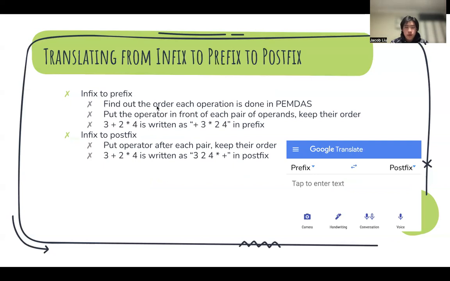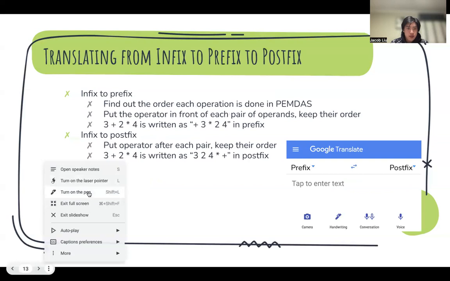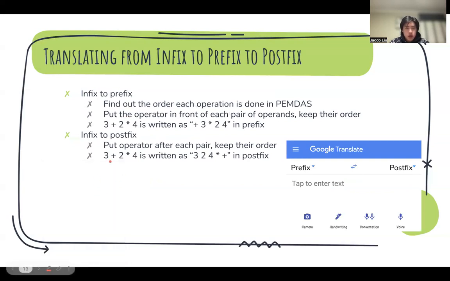So what you do for infix to prefix is you find out the order each operation is done in PEMDAS. Then you put the operator in front of each pair of operands, making sure to keep the order. So an example is this. You have 3 plus 2 times 4. You find out the order. So 2 times 4 comes first. And then you put the times in front of the two numbers.